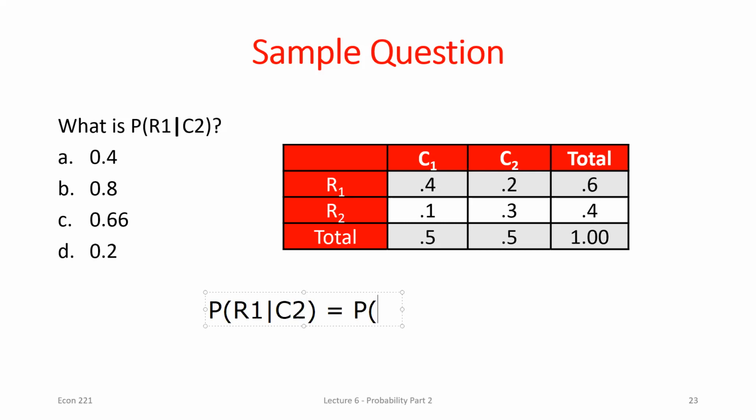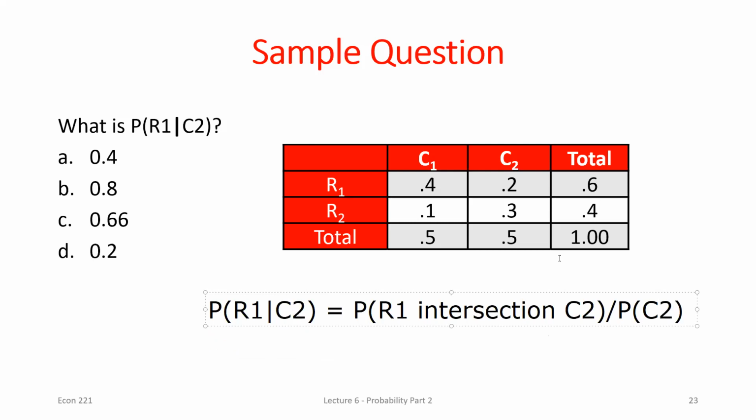I'd like to write the intersection symbol, but forget it. We'll just do the intersection of the two. So R1 intersection with C2, and then we divide by the probability of whatever we're conditioning on, which is C2 here, right?